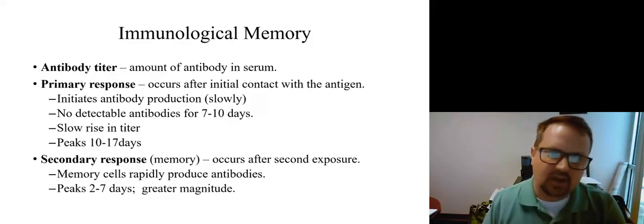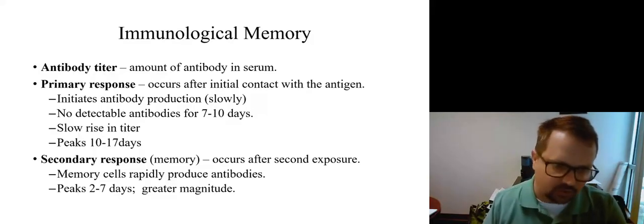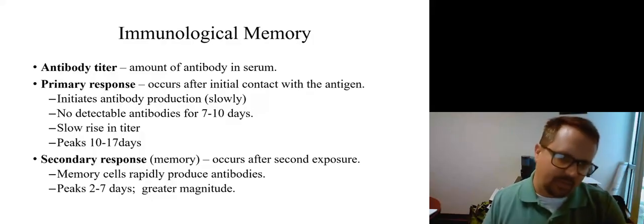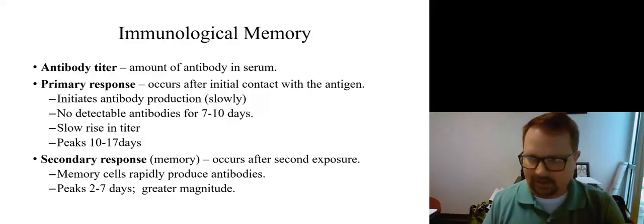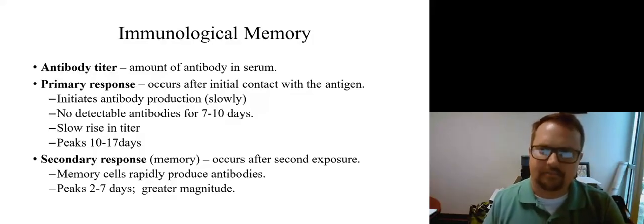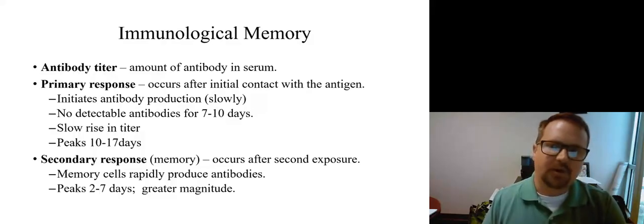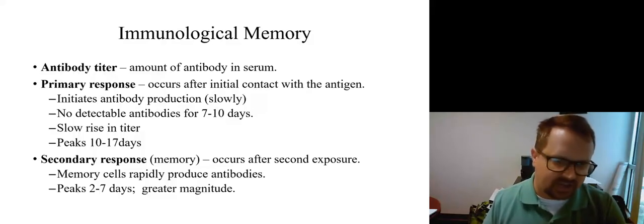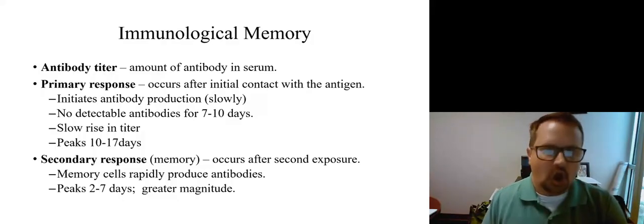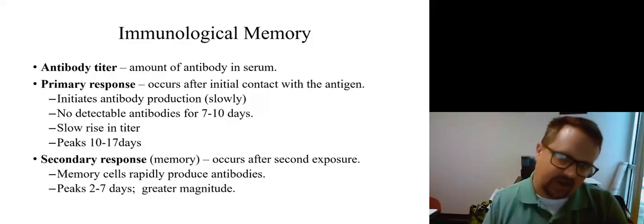Secondary response, because there's memory here: on second exposure, memory cells will immediately produce antibodies, and that'll peak 2 to 7 days at a greater magnitude. So the secondary response always gives us a greater amount of response. You produce IgMs earlier during the secondary response. You produce IgGs earlier and greater during the secondary response.